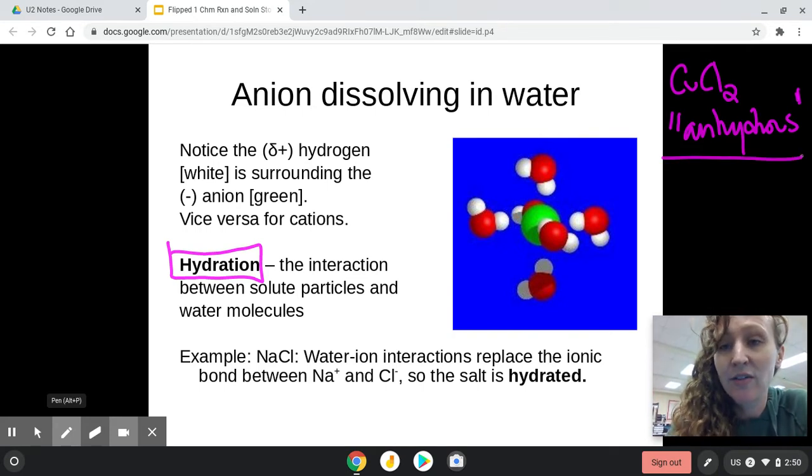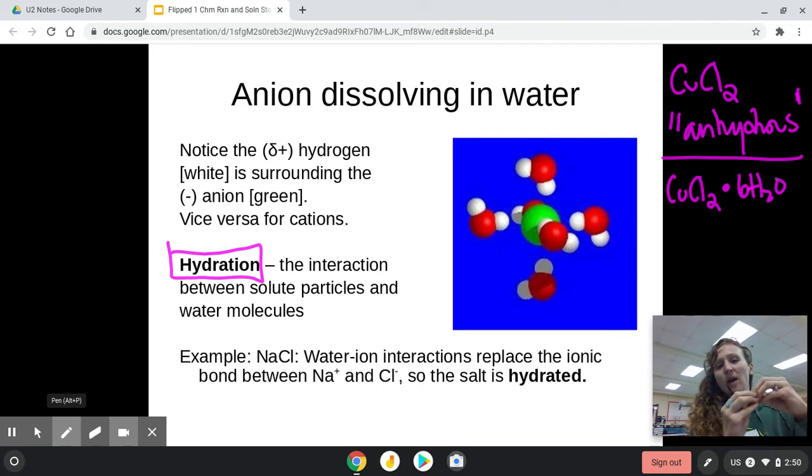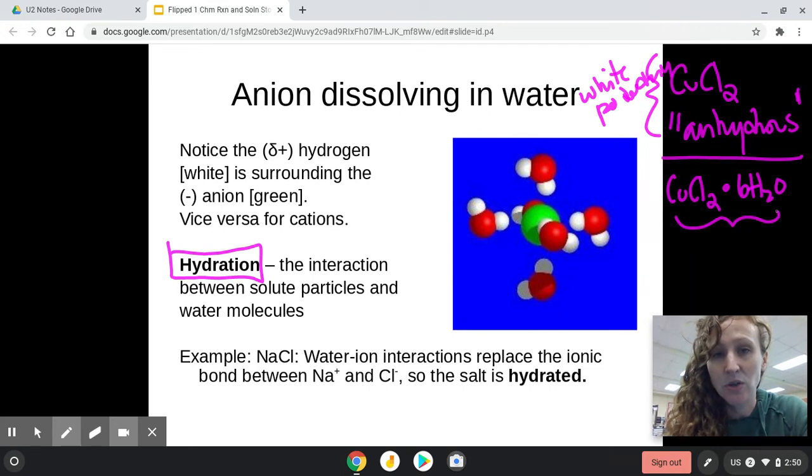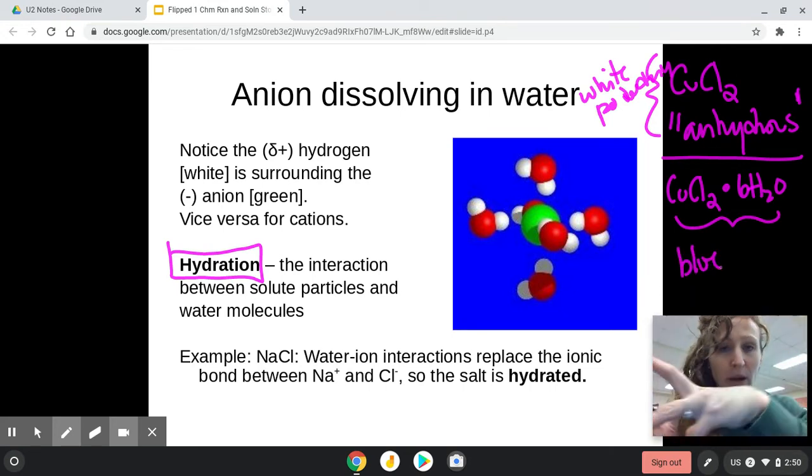Or you can have copper(II) chloride hydrate, where for every 1 copper chloride, 6 waters get stuck in that crystal. The anhydrous copper(II) chloride is going to be white and powdery, and the hydrated copper(II) chloride is going to be blue and beautiful and gem-like.